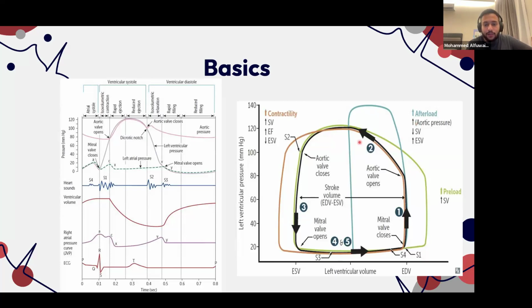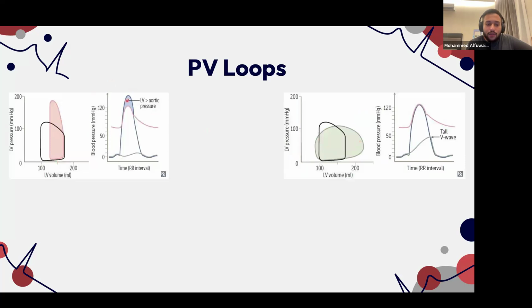So let's go into valvular heart disease. What valvular heart disease is seen in this image, in the PV loop and in the cardiac cycle? Aortic stenosis, which causes increased afterload, preload, or contractility? Afterload.